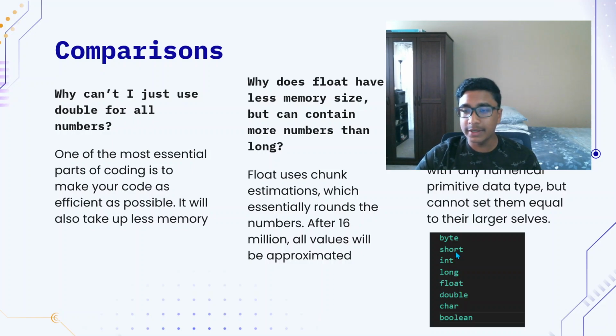But if you want to set a short equal to a byte, that will be possible. This is because short has a larger memory size than byte. The same can be said for all these values. The larger the value gets, the less likely that you could set it equal to other numbers.